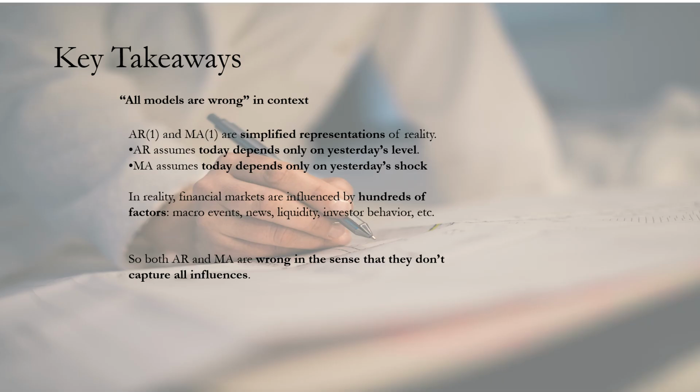It's good to note that you could use these simplified models as a starting baseline for building complex models. But you have to start somewhere. Looking at the behavior of certain series is helpful, right? So both AR and MA are wrong, in the sense that they don't capture all the influences.